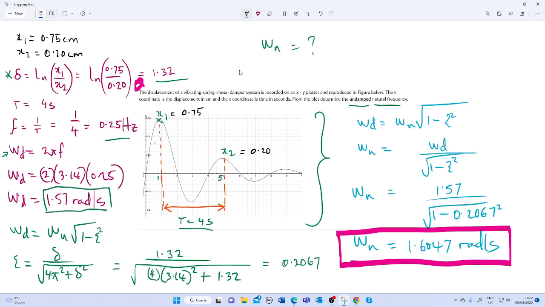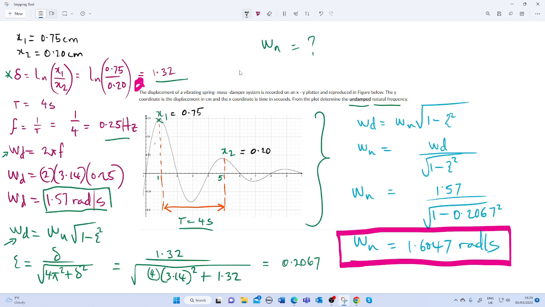Now that we have found the damped natural frequency, the next thing is to find the undamped natural frequency, which is Wn. By using the equation WD equals Wn times the square root of 1 minus the damping ratio squared. And how do we calculate damping ratio?